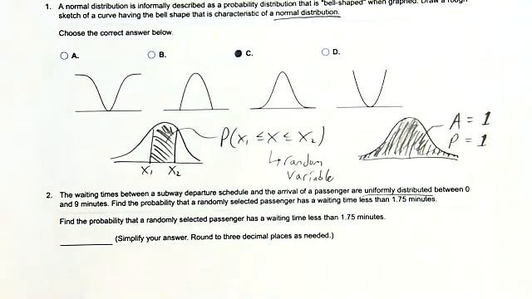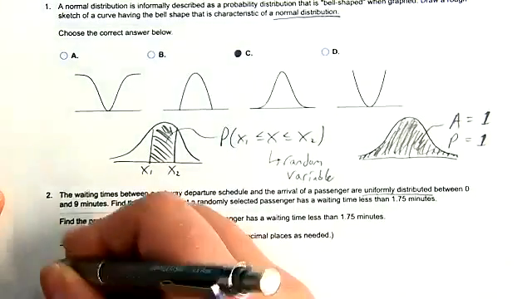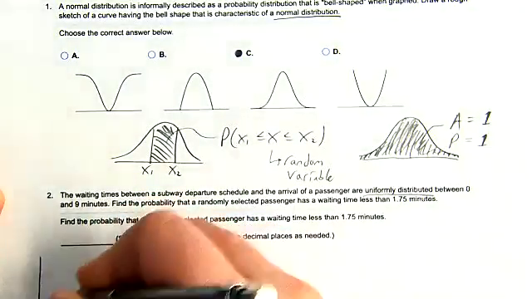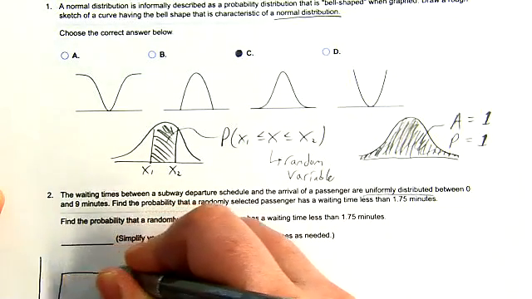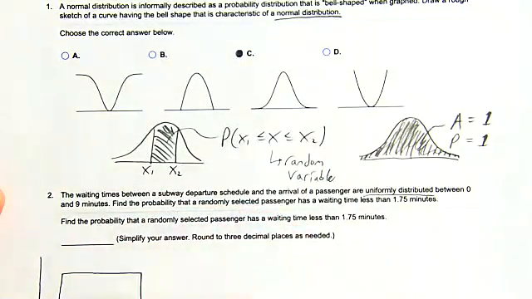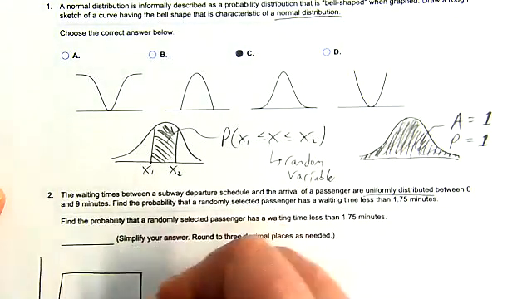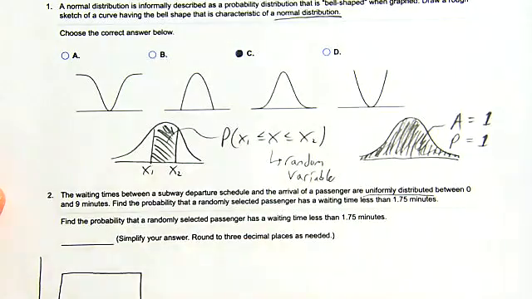Okay, so for a uniform curve, probabilities are still areas under the curve, but the curve is just a rectangle. So we have some A here, some B here.